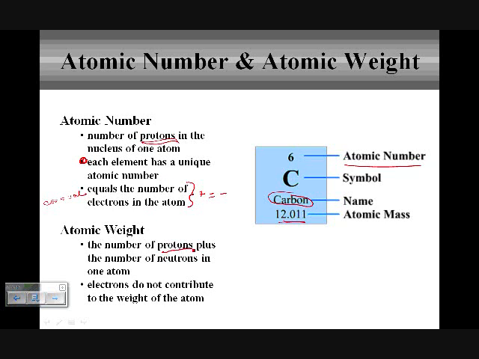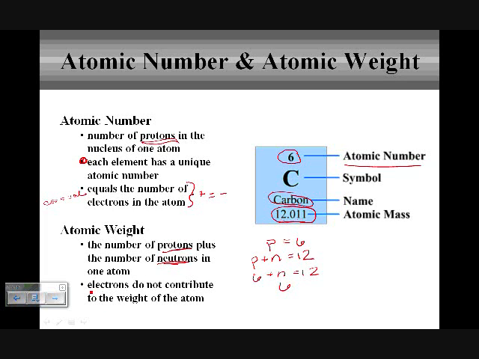Atomic weight is going to be protons plus neutrons, right? So if we have 6 protons, according to the atomic number in carbon, and we have an atomic mass of 12, we should know that protons is 6, and then protons plus neutrons is 12, which we can assume then that if protons is 6, neutrons should also be 6 to get our atomic mass to be 12.